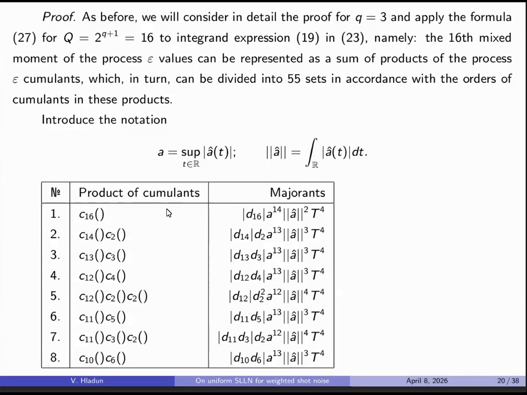Here we give a table that contains all these products of cumulants in the first column, and the second column contains the measurements for these integrals of fifth order that contain these products of cumulants.